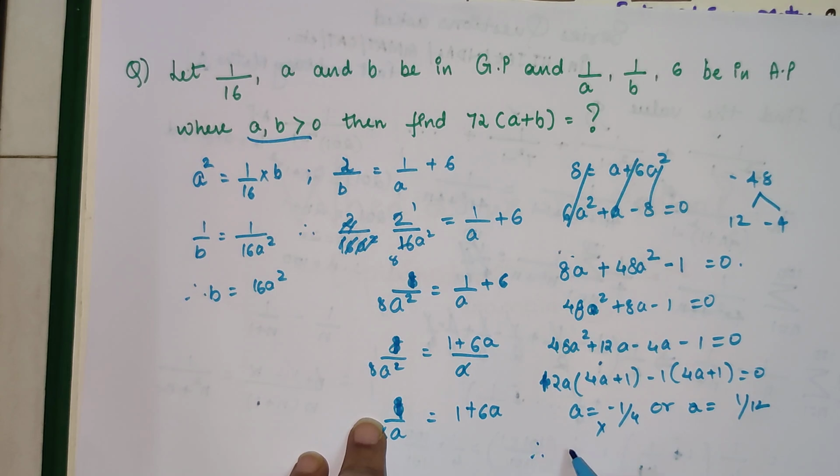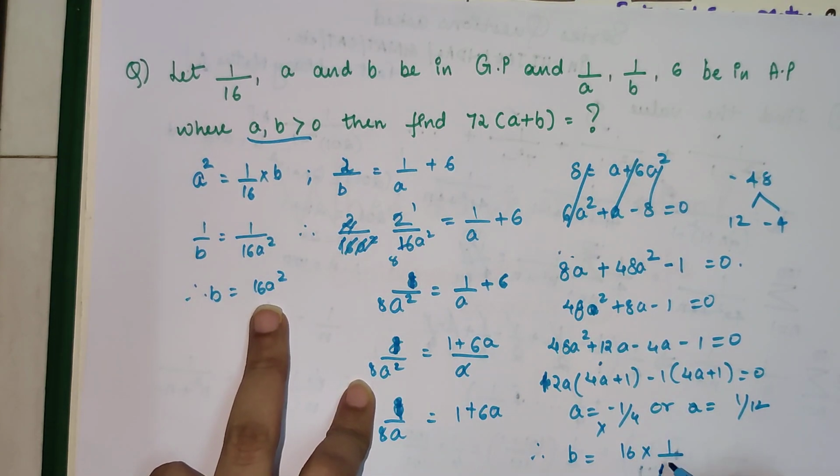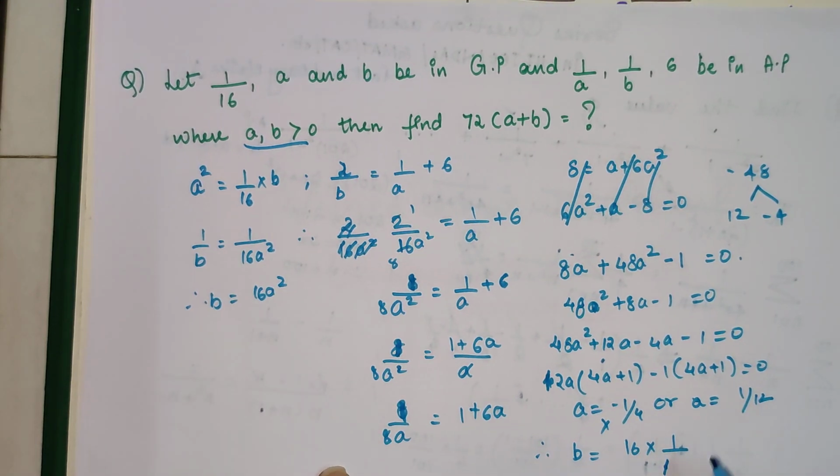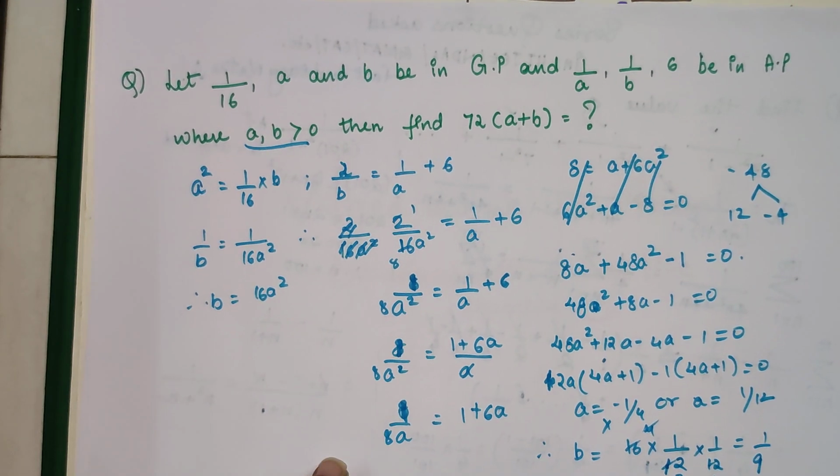Therefore your b is equals to 16 into 1 upon 12 square, which is equal to 16 into 1 upon 12 into 1 upon 12. So this is going to be 4 times, 3 times, then 4 times, 3 times. So we get b as 1 upon 9.